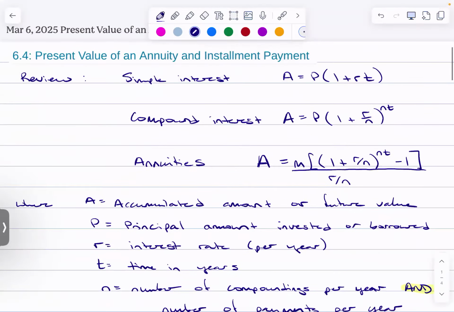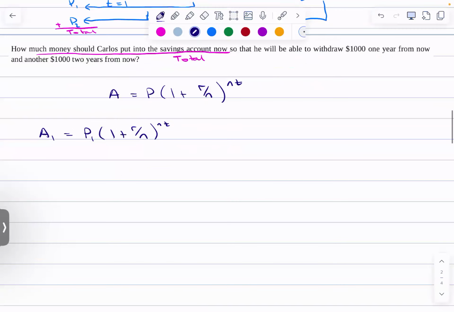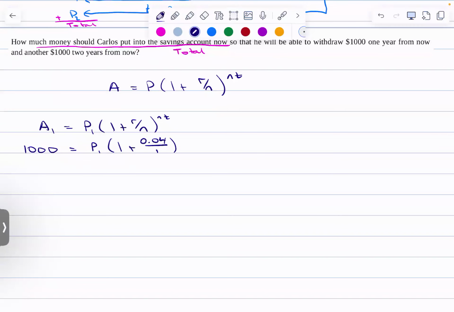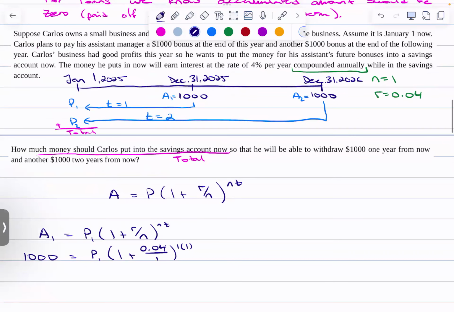Let me just make sure I have the right formula. 1 plus 0.04 over N is 1, that's nice. 1 times 1, right? Oh, I guess that's kind of cute.